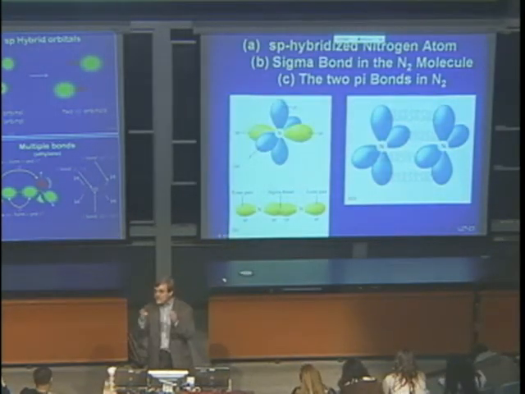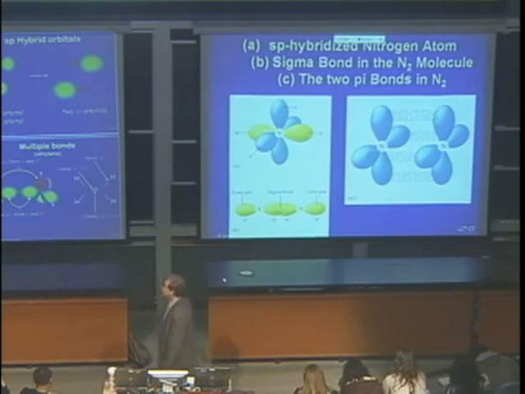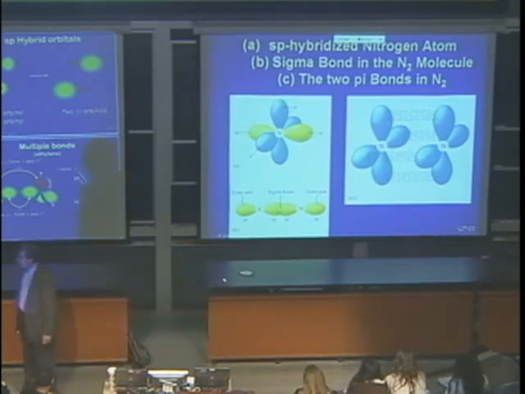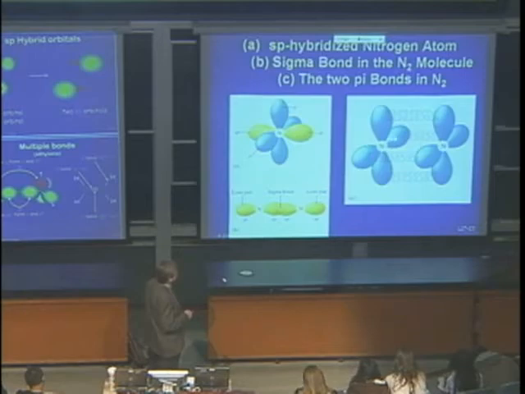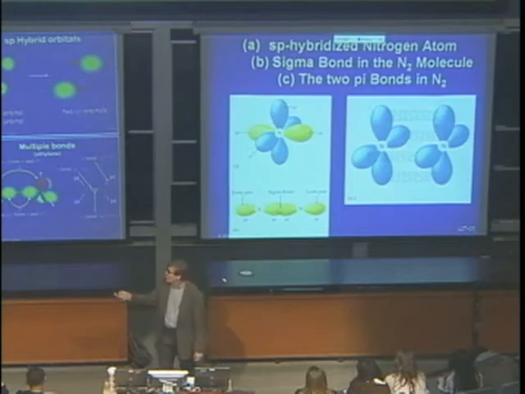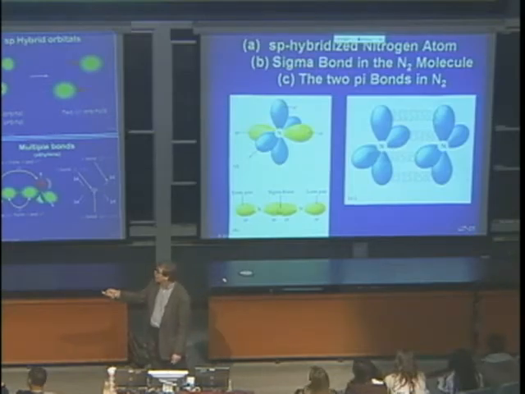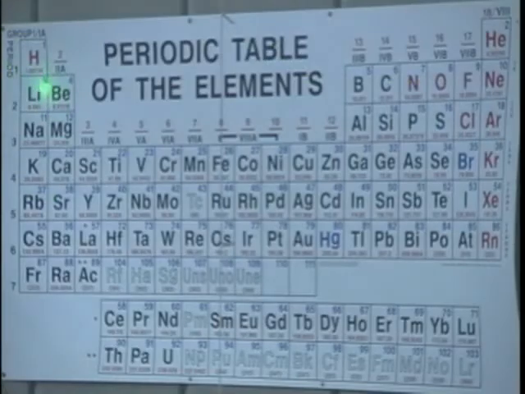So let's look again at nitrogen. We know nitrogen has a triple bond, but nitrogen itself has a free electron pair, isn't that right? So how would we do that? We need to bind the nitrogen here together. So we do an sp hybridization, 1s from the 2s here.